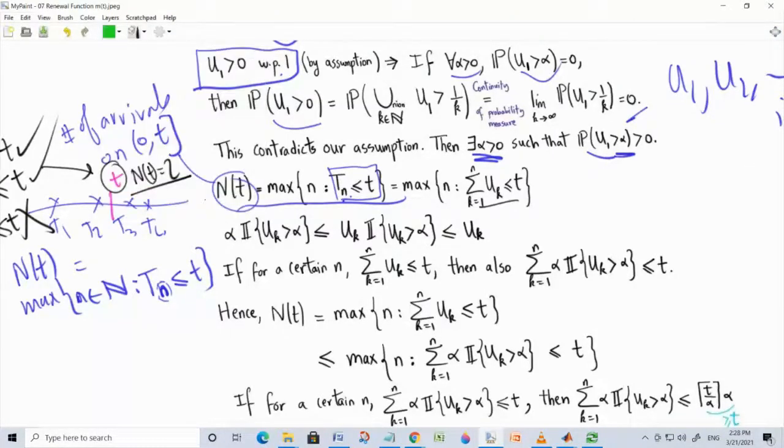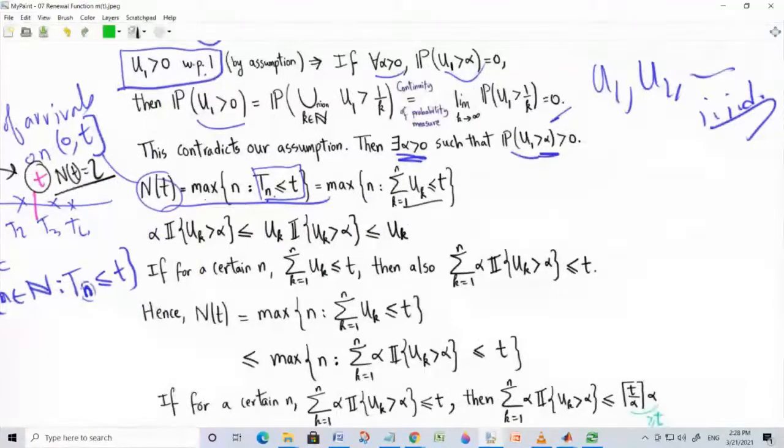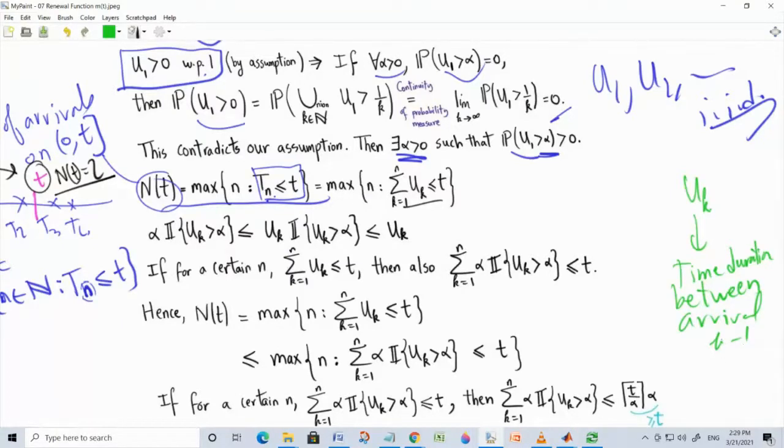Now, T_n is the sum of n IID interarrival times. And here is another nice trick. We will lower bound U_k. So U_k is the kth interarrival time, the time duration between arrival k minus 1 and arrival k.